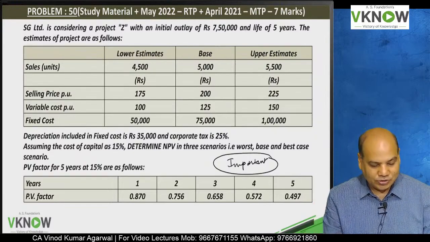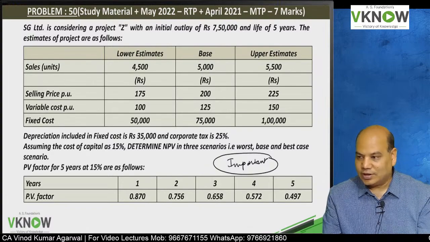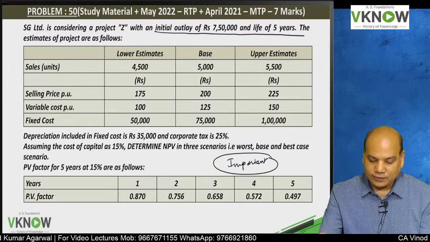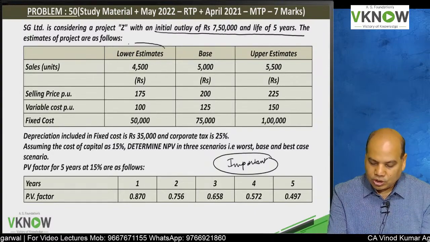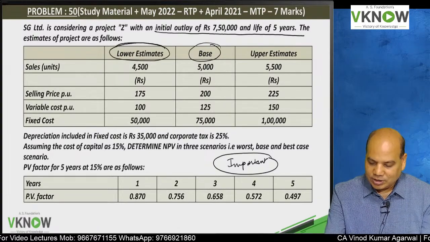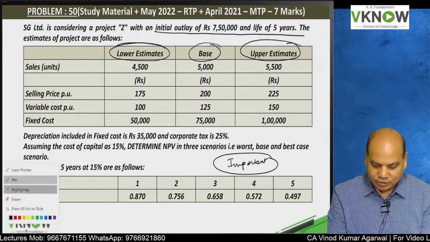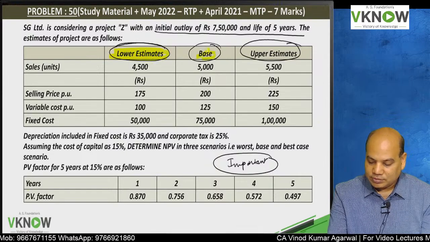SG Limited is considering a project Z with an initial outlay of 7,50,000, life 5 years. The estimates of the project are as follows. Lower estimate, base estimate, upper estimate. See the drafting of the question. Lower estimate, on the lower side, this is what can happen.